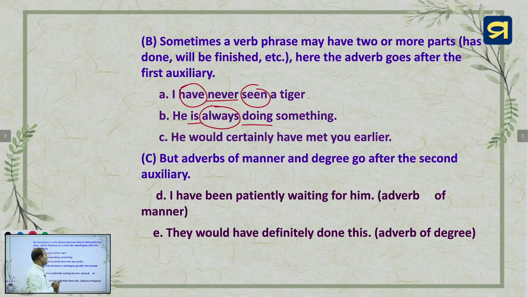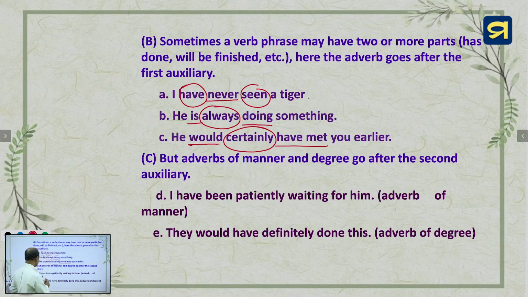He would certainly have met you earlier. So, you can see the verb group here, would have met, and certainly is used here just after the first auxiliary. Okay, my dear students. But adverbs of manner and degree go after the second auxiliary. I have been patiently waiting for him.